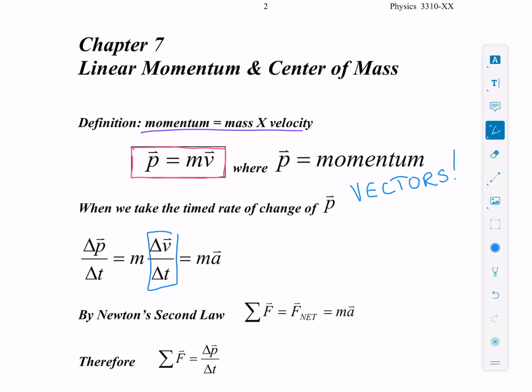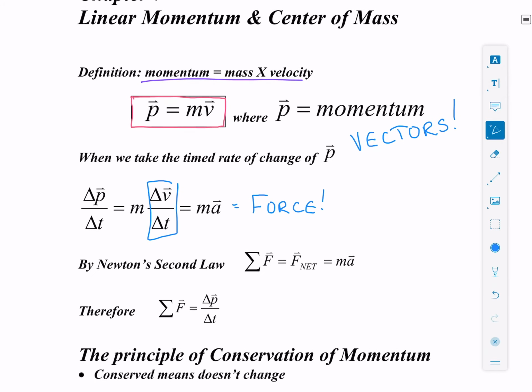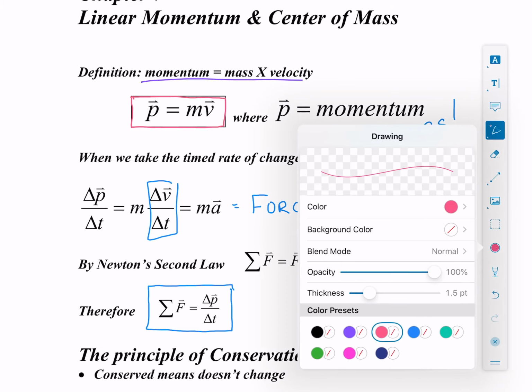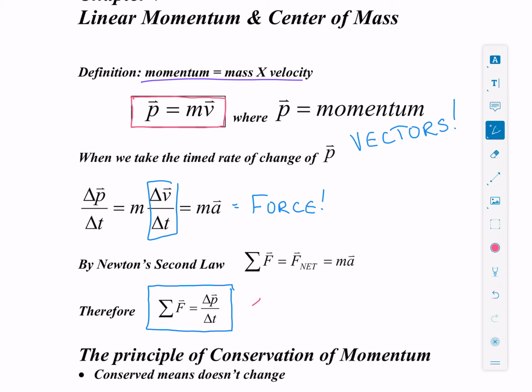So change in momentum over change in time is equal to mass times acceleration. Well, what else is equal to mass times acceleration? Force. So now we have this relationship between force and momentum, and we can say that the net force of an object is equal to the change in momentum over the change in time. This is actually how Newton originally wrote his second law.